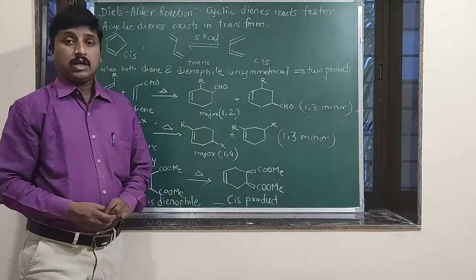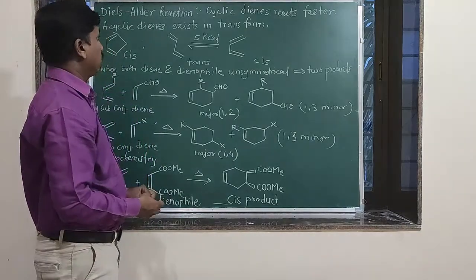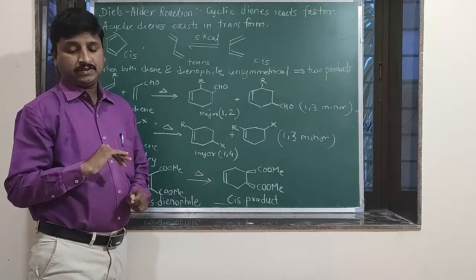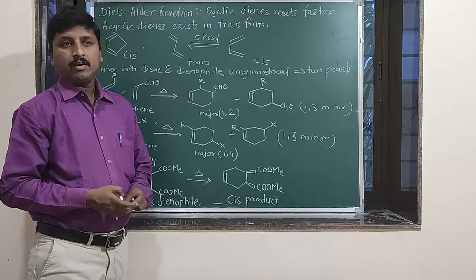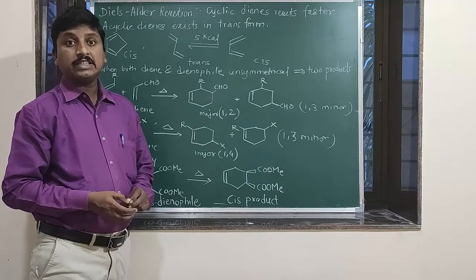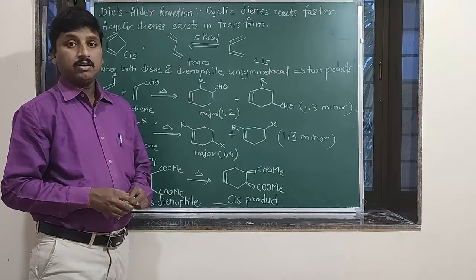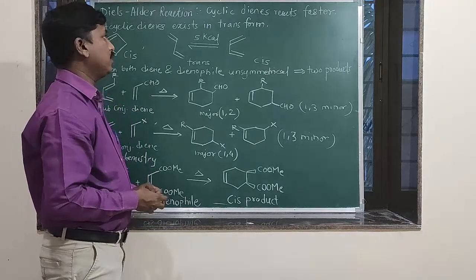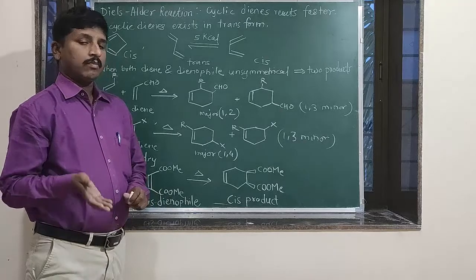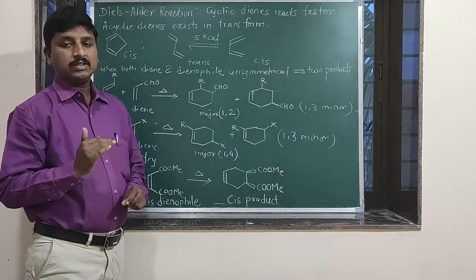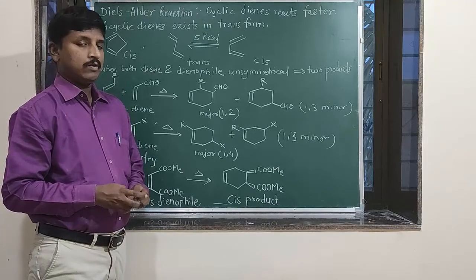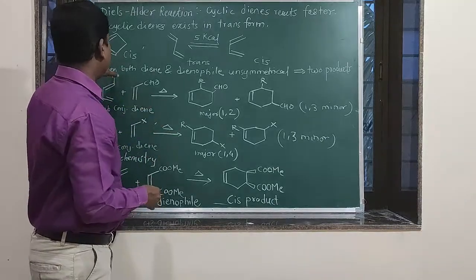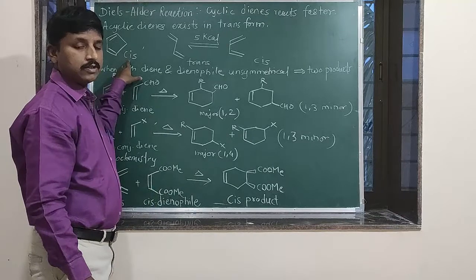In the Diels-Alder reaction, cyclic dienes react very rapidly compared to acyclic ones, because cyclic dienes exist naturally in the cis form, and acyclic dienes exist in the more stable trans form. So this is an example of a cyclic diene in the cis form.